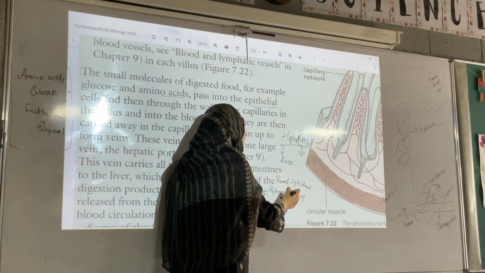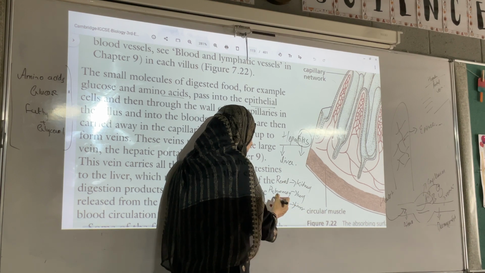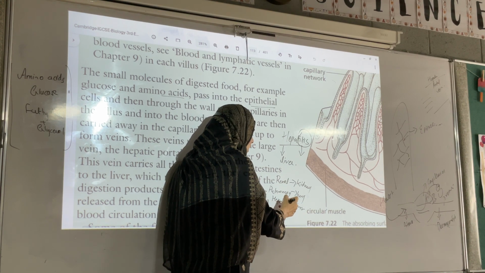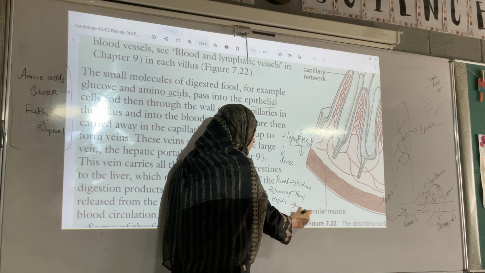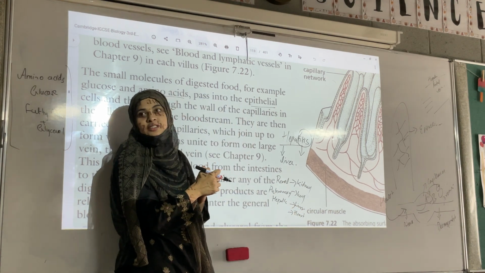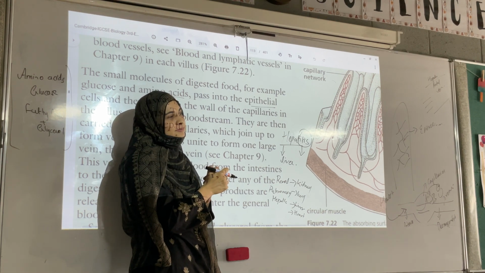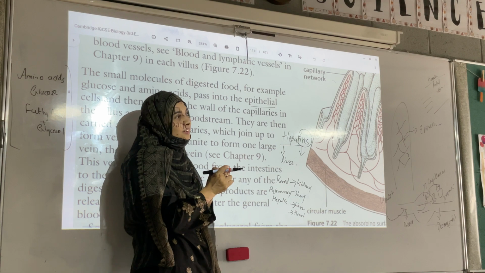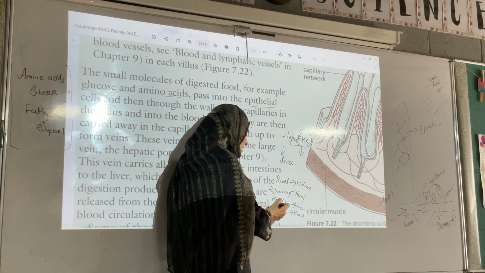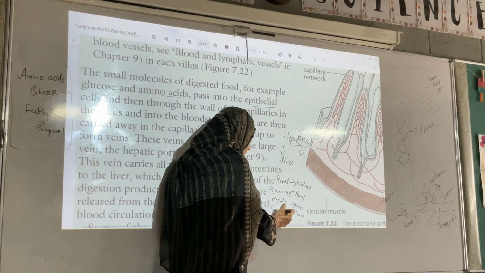Pulmonary. Pulmonary is for lungs. For liver is hepatic. For heart is what? We did just in this chapter actually. Which artery supplies blood directly to the heart? Starts with C. Coronary. Coronary artery, right? Okay.